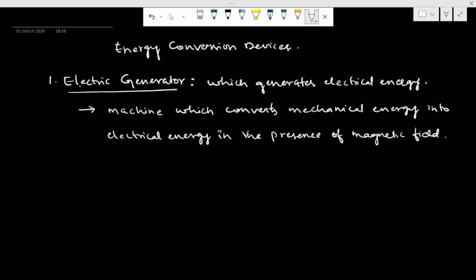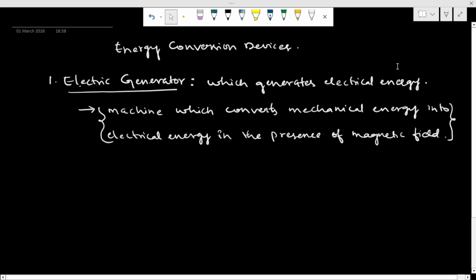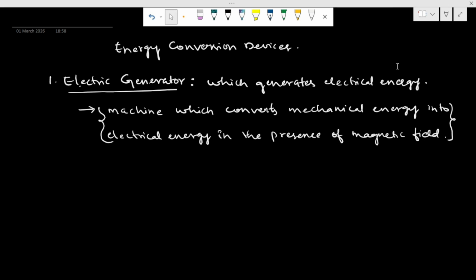This is the statement for the electric generator.